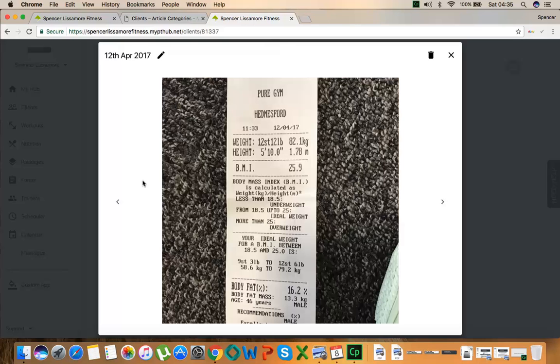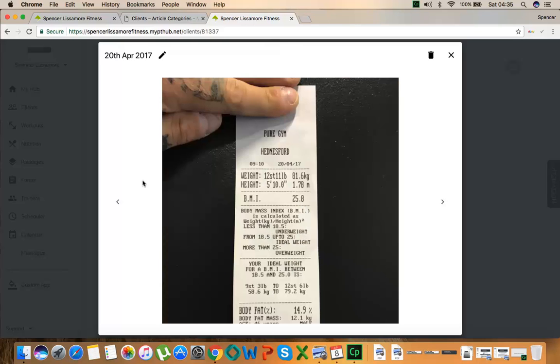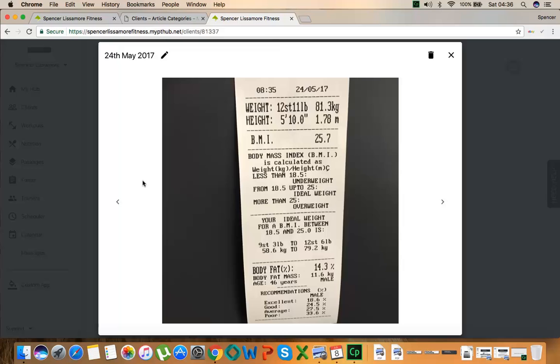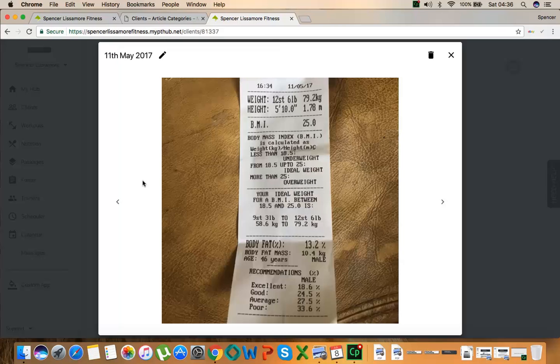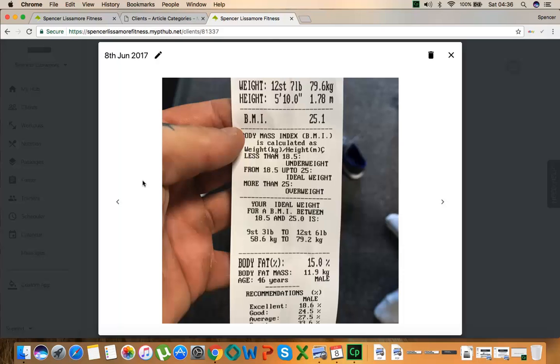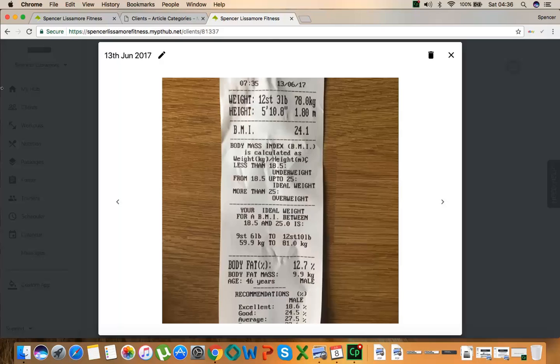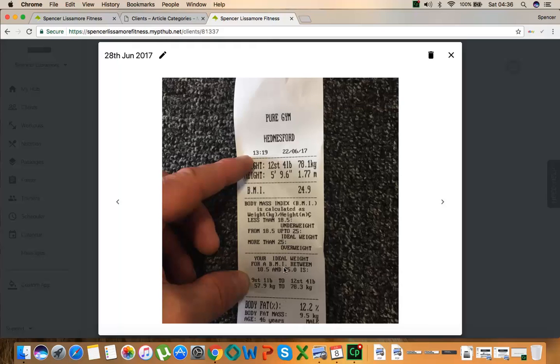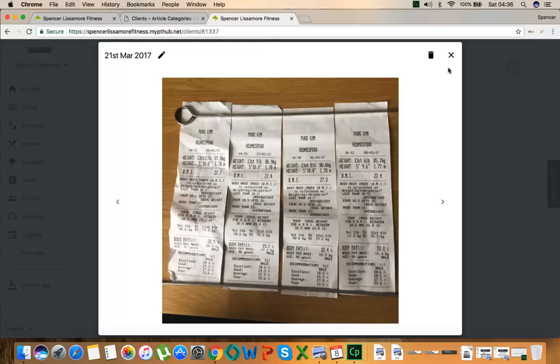Thank you for that, Bill, lovely. We've just seen that general slow reduction of weight. Yes, there are going to be variables, as you can see. Pre-holiday 79.2, comes back from Florida 81.3. We're then back on track, and as you can see in the top left hand corner, it gives us our weight. Lovely. And we're really getting down to that 12.2% body fat now, which is all good.